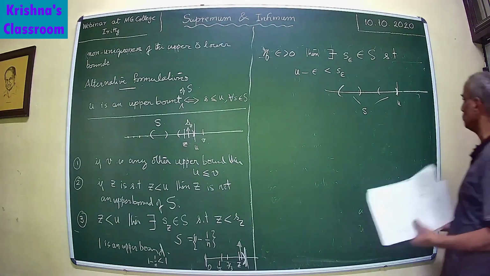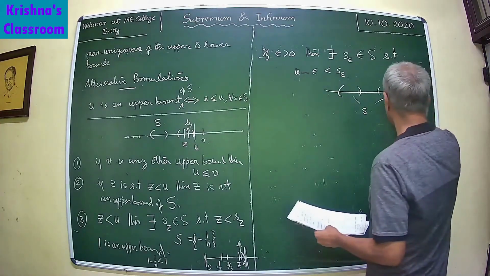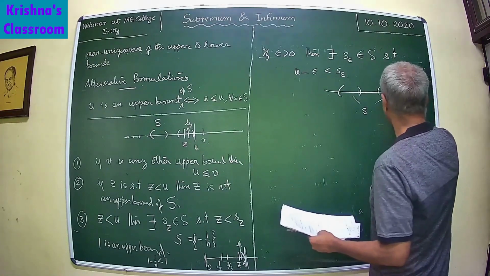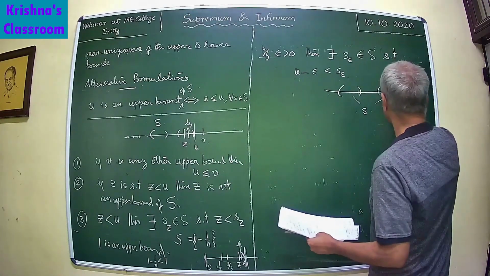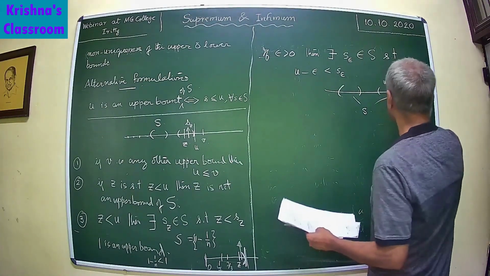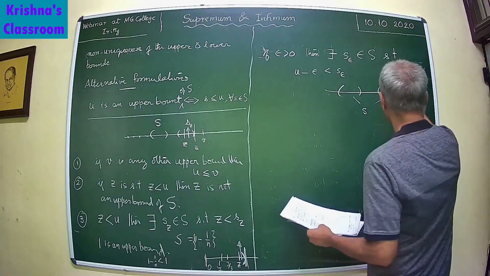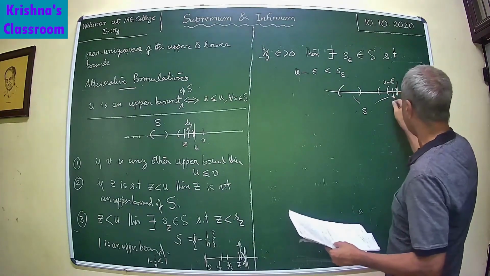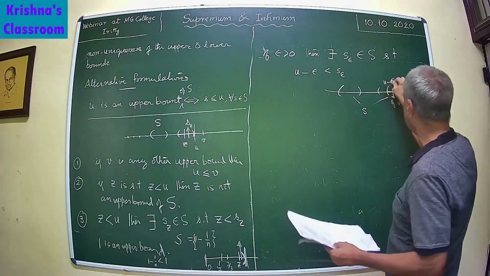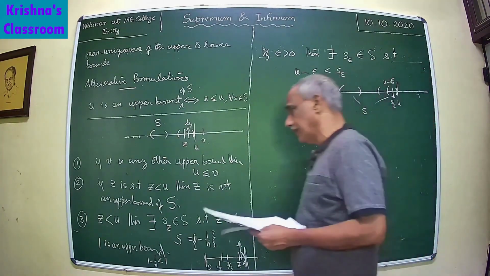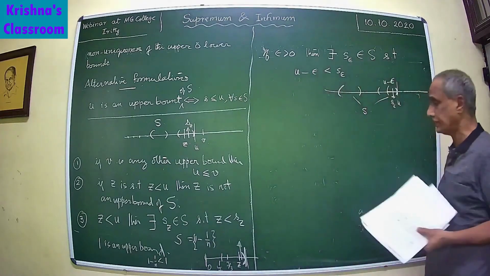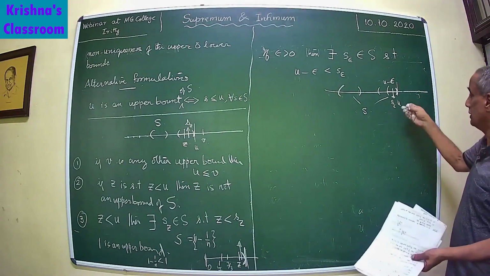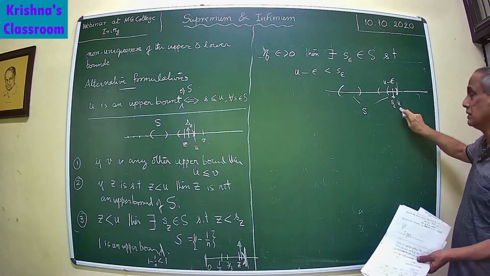Then you choose an epsilon positive, and this is going to be U minus epsilon. In between, there is some number S_epsilon such that U minus epsilon is less than S_epsilon, and S_epsilon belongs to S. That is the condition for U to be the least upper bound.